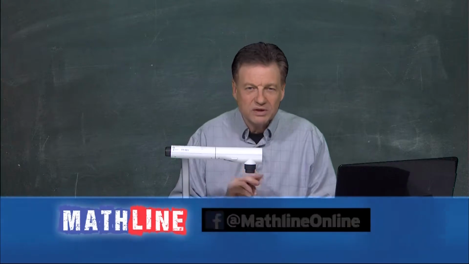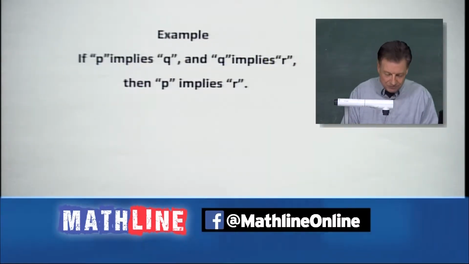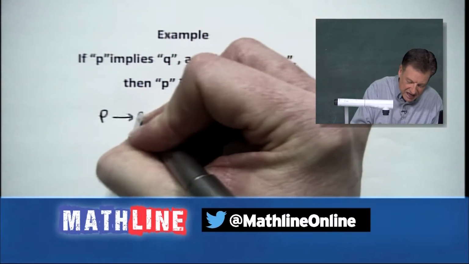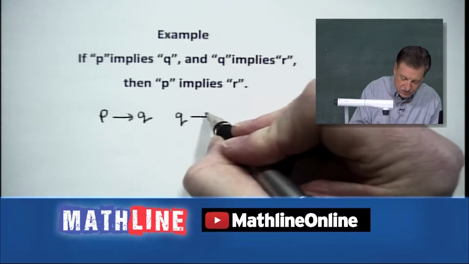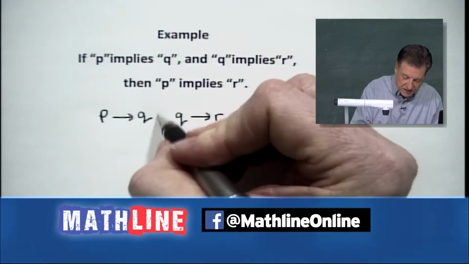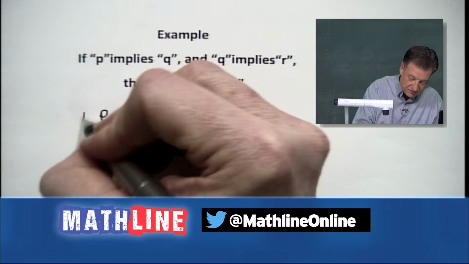Let's look at one more quick one here, just giving you a little more practice. It says, if P implies Q, remember what we said? That basically is saying that P leads to the idea of Q, and here we've got Q leading to the idea of R, then guess what? Oh, by the way, that's an "and" in there. We need to put that there because both of those are true, and this is a big if.